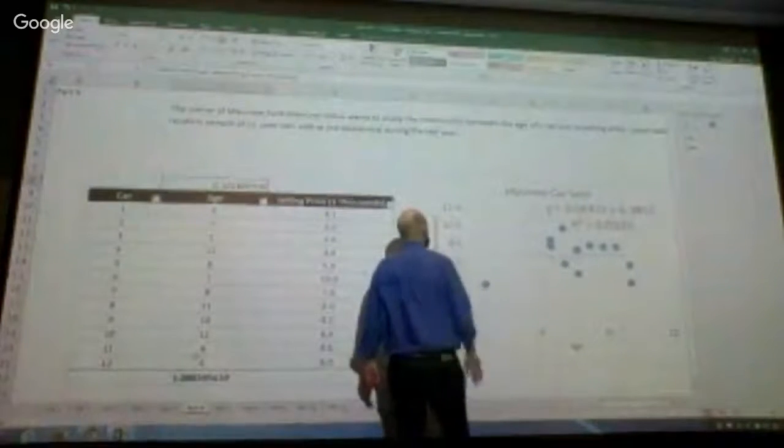That gives me about $7,000 for an expected price, or a predicted price. And that number is about $7,000. 6.84 thousands of dollars. $62 down.